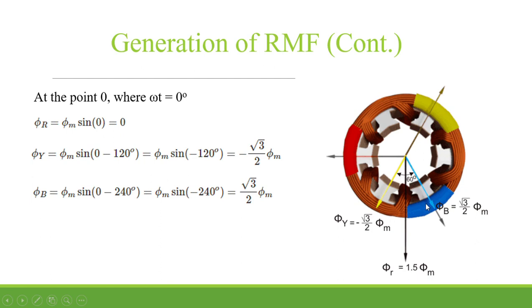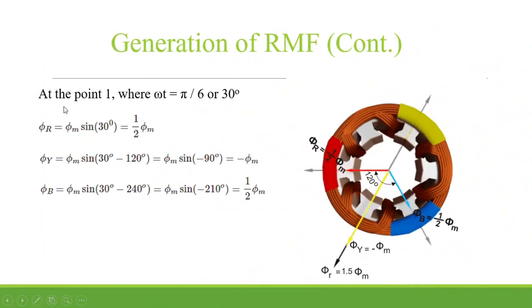So 2 into root 3 by 2 phi m into cos of 30 degree, because this angle should be divided by 2. This will be the resultant. If you calculate 2 into root 3 by 2 into cos of 30 degree, you will get 3 by 2 phi m, or 1.5 phi m. So the resultant is in the downwards direction and its magnitude is 1.5 phi m.